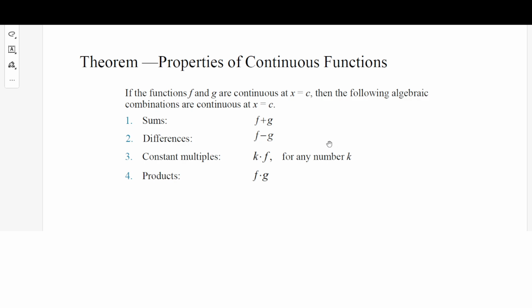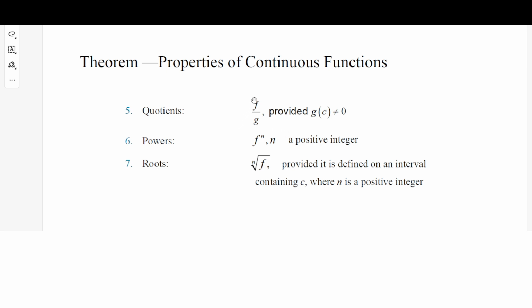Some of the properties of continuous functions: let's assume that you have two functions f and g and both of them are continuous at c. Then the sum, difference, multiplication of one of the functions by some constant, and product of two functions are all continuous at that point. The division, and the power of a continuous function with a positive integer, is also continuous.